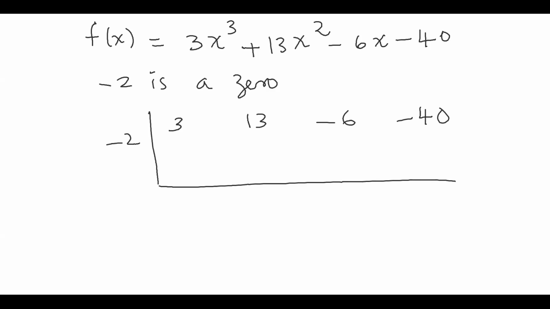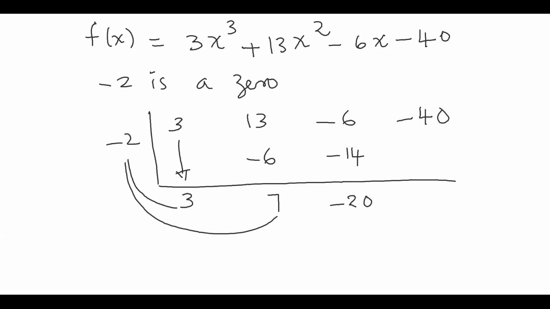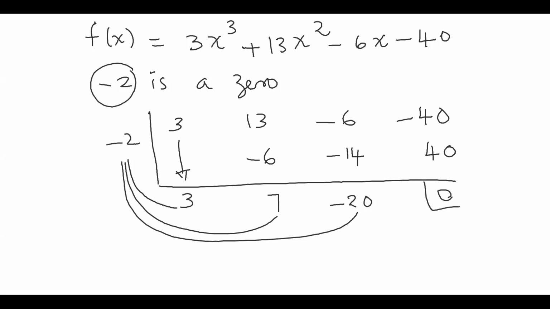We're going to divide this by -2. So 3, bring down this 3. 3 times -2 is -6. 13 minus 6 is 7. 7 times -2 is -14. -6, -14 is -20. -20 times -2 is positive 40. When you add them, you're getting 0. So this -2 is a 0.